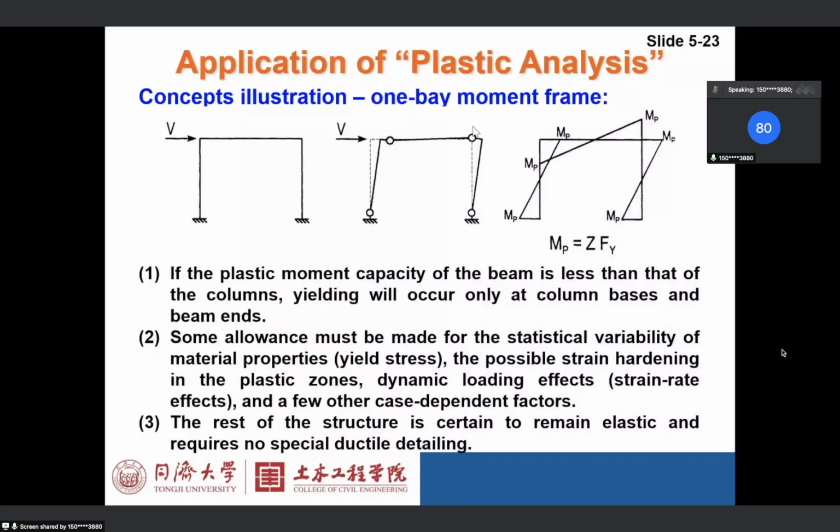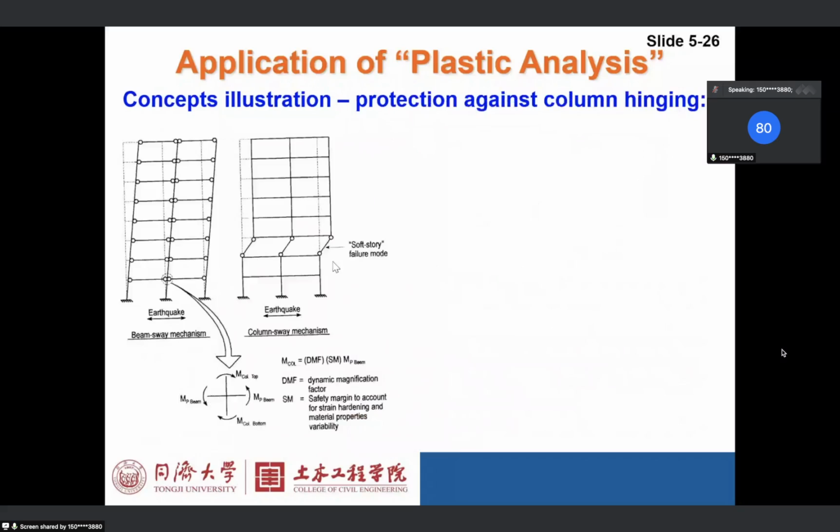So this is basically the desired deformation mode of a portal frame in earthquakes. We don't want plastic hinges in the columns. Too many plastic hinges in the columns will lead to earlier collapse of the system, especially the soft story failure mode. We must avoid soft story. So what we want is like this.